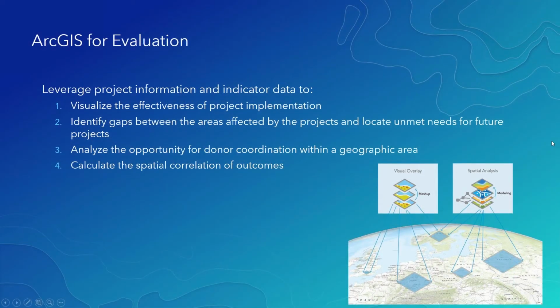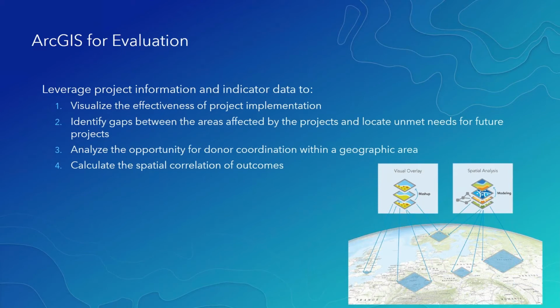So we can leverage the analytical capabilities of ArcGIS in order to do that. Right out of the box, it's really simple to visualize the key indicators that we're trying to capture in our programs to determine whether we're being effective.